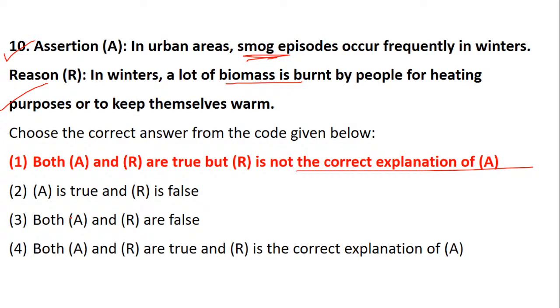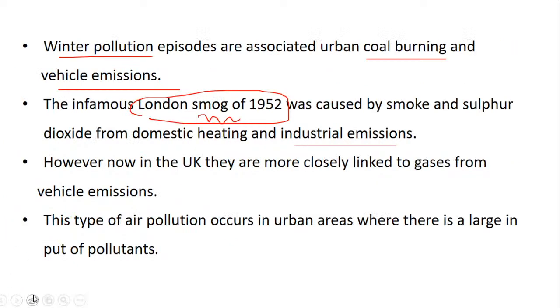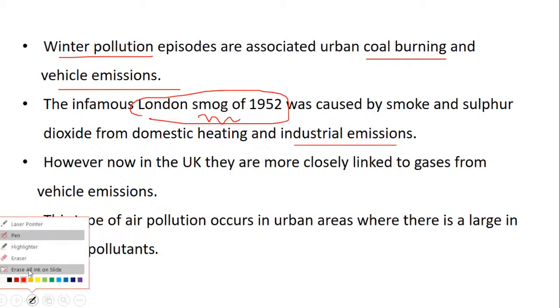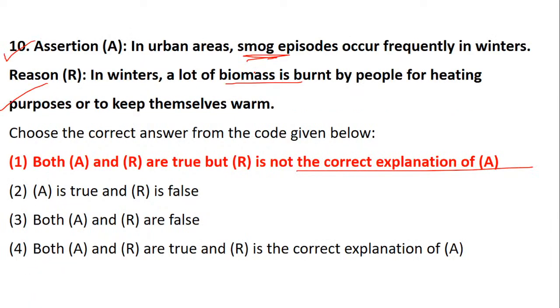One thing I'll tell you: though I have told you to see the statements individually, in every unit you need to know a little bit of concept. Here the concept of smog formation was required in this particular question. If you are not aware of how smog is formed, then you will end up making a mistake here. So you have to be careful. The concepts are required. Sometimes it is easier, but sometimes it becomes difficult.